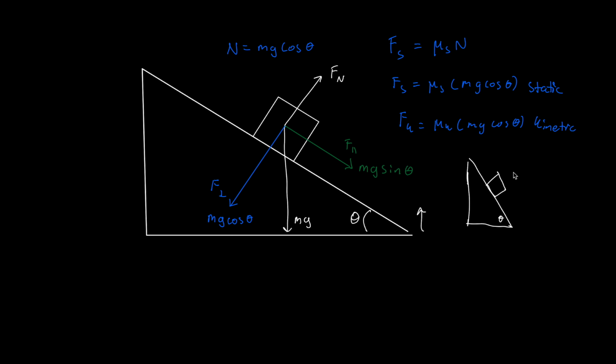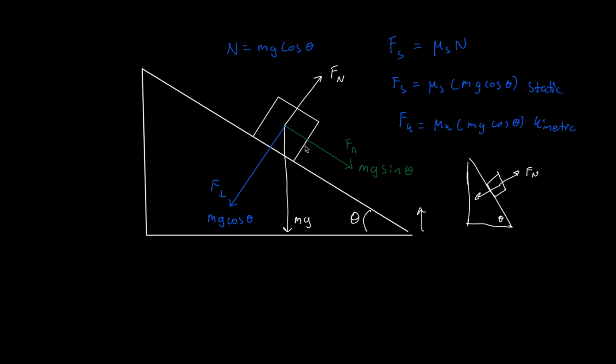Would our kinetic friction increase or decrease? Well, if you said decrease, then you would be correct, because our normal force, force N, actually decreases when we increase the angle of inclination. And because we know that our kinetic force is dependent on our normal force, mg cosine theta, our frictional force will actually decrease.